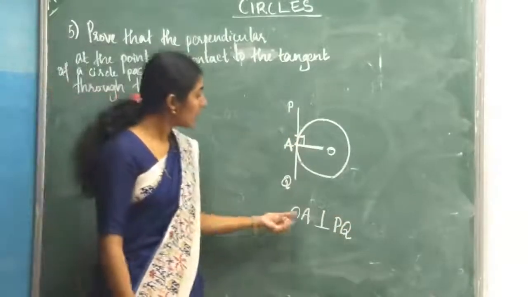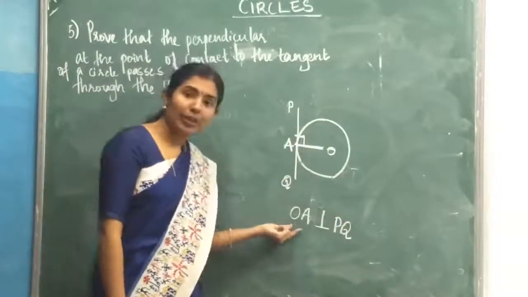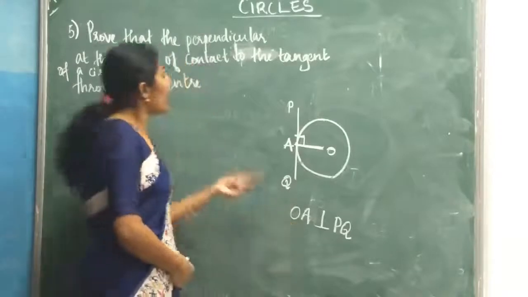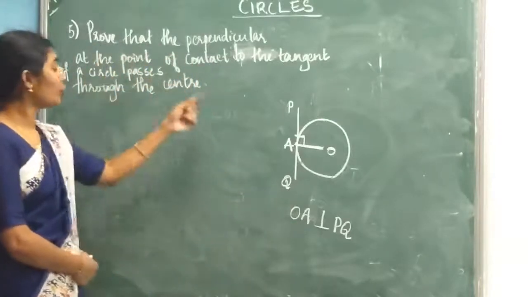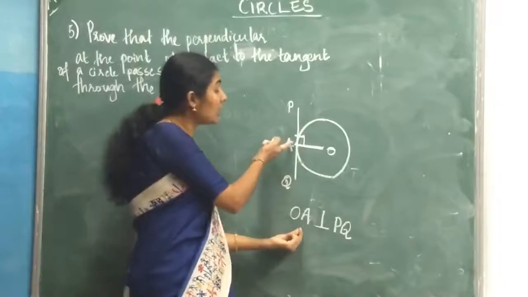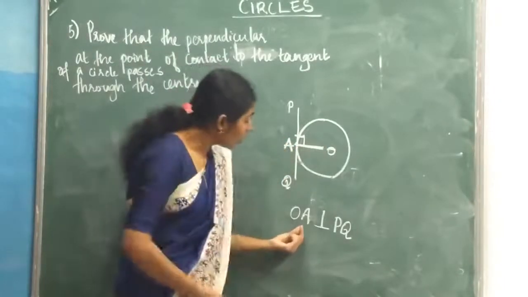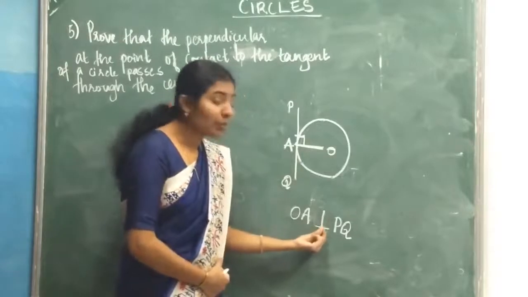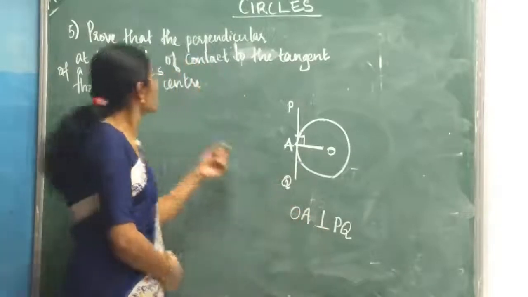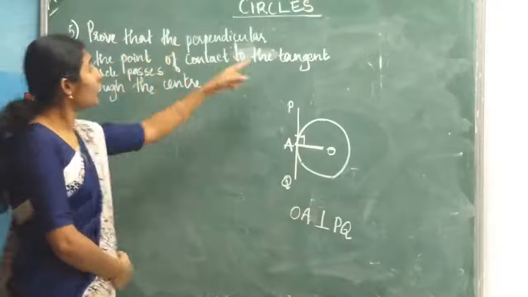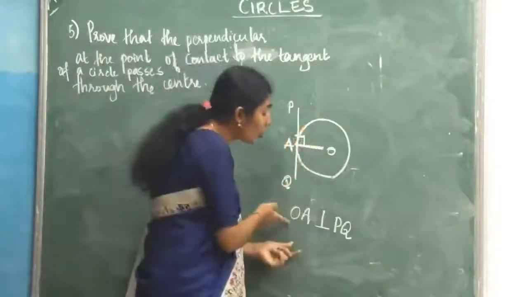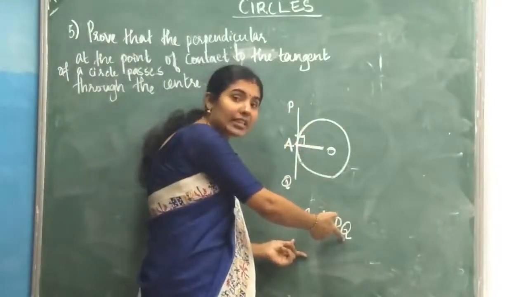So now OA is a perpendicular line at the point of contact, and OA is perpendicular to the tangent.